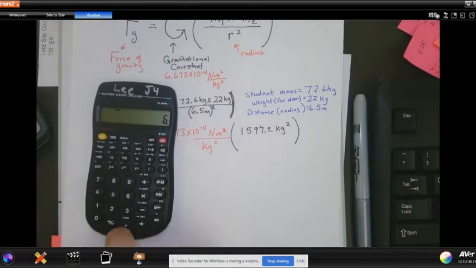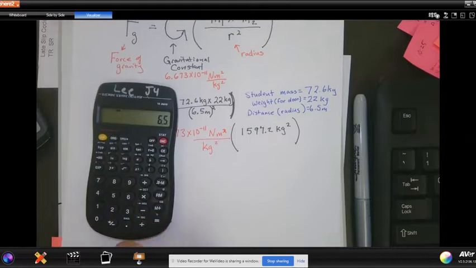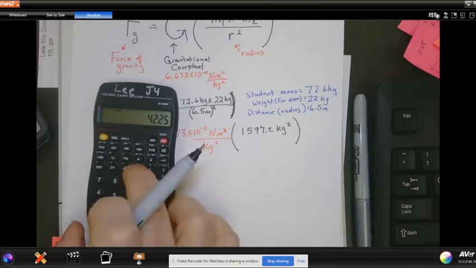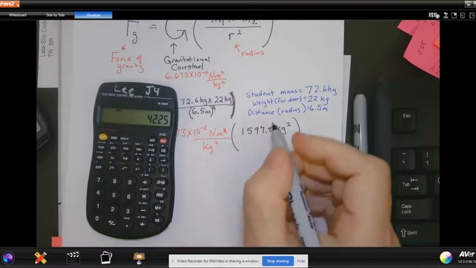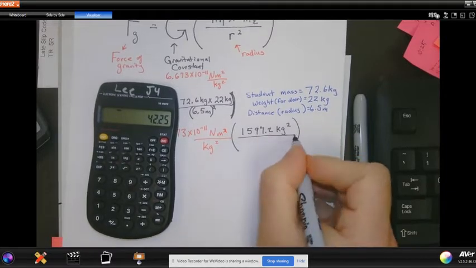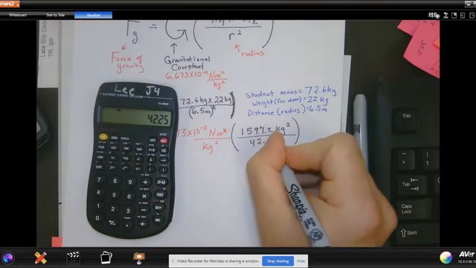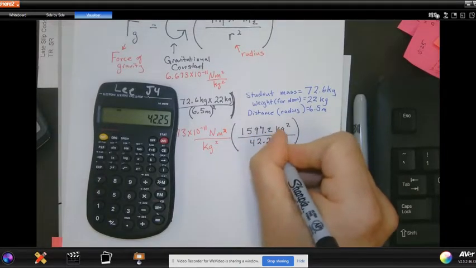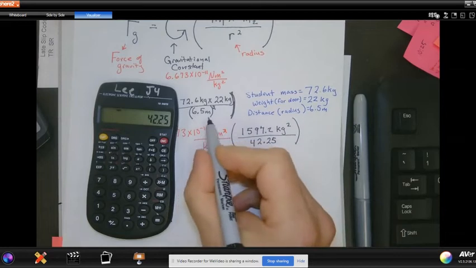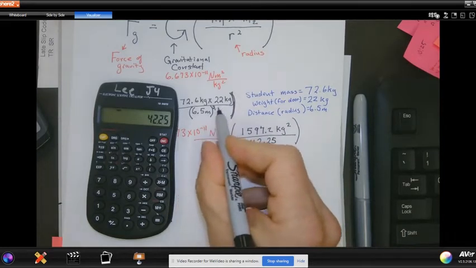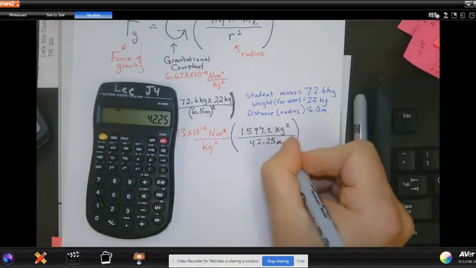So I'm going to take in 6.5, and then hit the x squared button on this calculator. So 6.5 times 6.5, or 6.5 squared, is 42.25, and that's meters, but we squared it, so that would be meters squared.